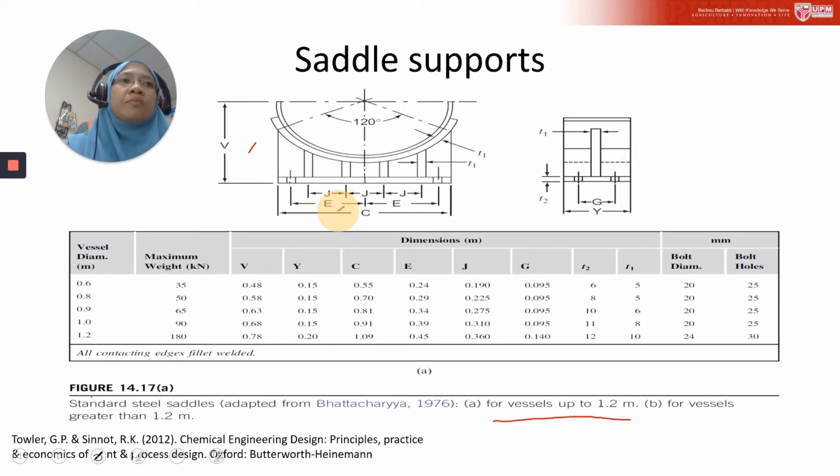This table can be used to guide your design, and the calculation and dimensions given here are very detailed. There is also a value for the saddle dimension, and this is what we call the contact angle.